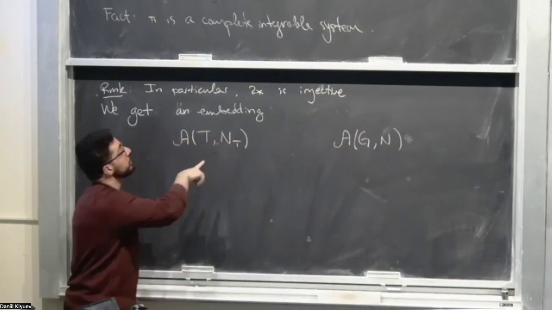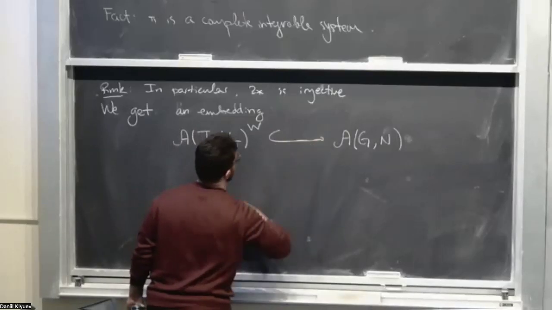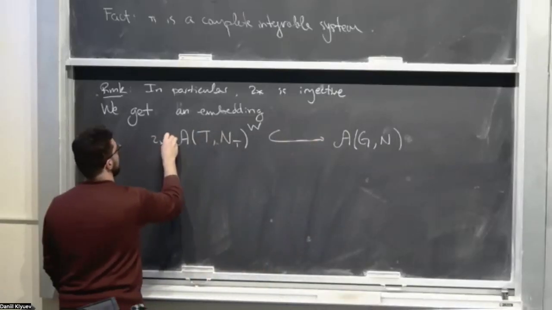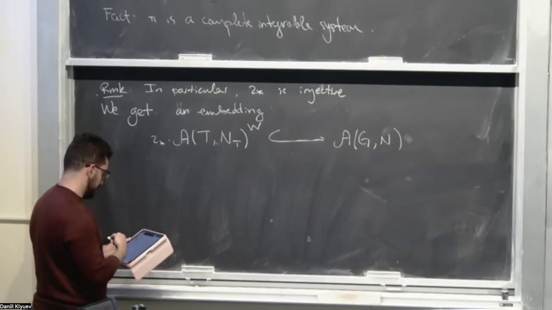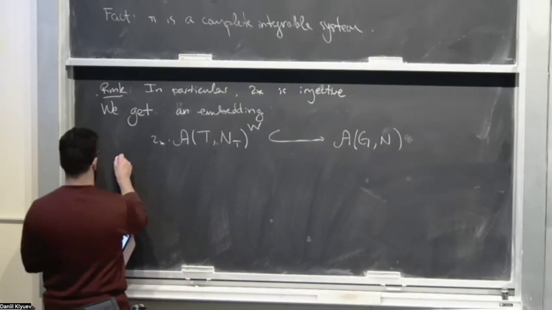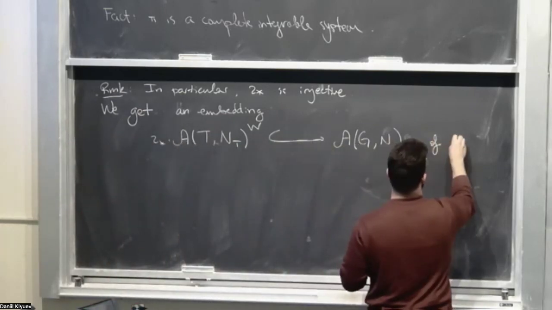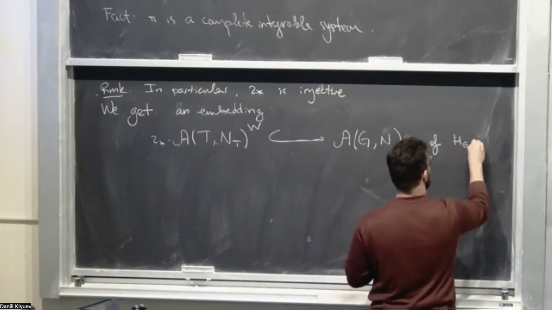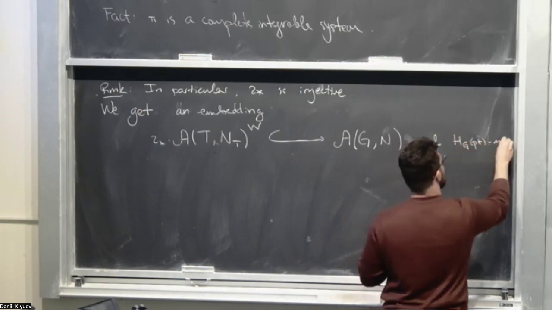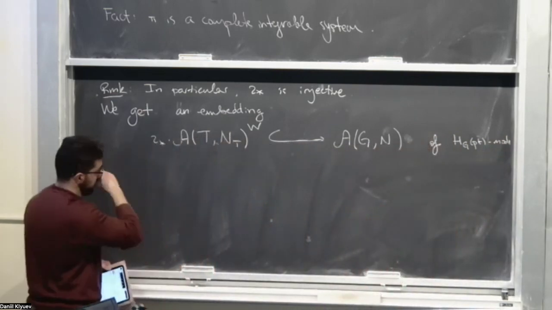Okay, but on here, I told you there's a Weyl group action, so I can take the fixed points. This includes in here, and this is an embedding of HG-modules.